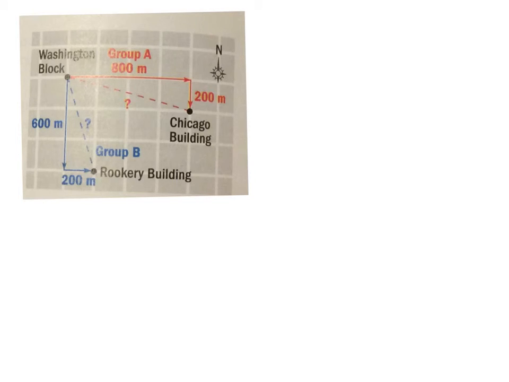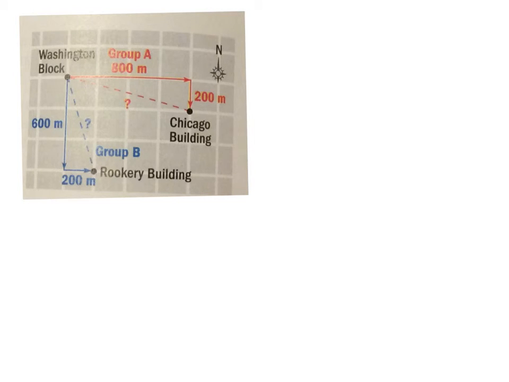Do you see their path? It's here in red. Now Group B is going to go about 600 meters south and then 200 meters to the east to get to the Rookery building. So to the nearest 10 meters, how much farther is Group A from the Washington block than Group B is? So in other words, who went farther?